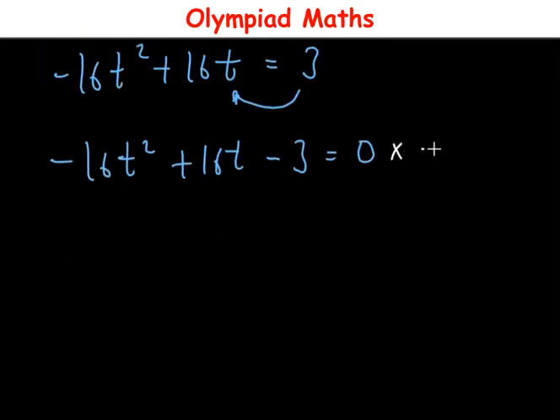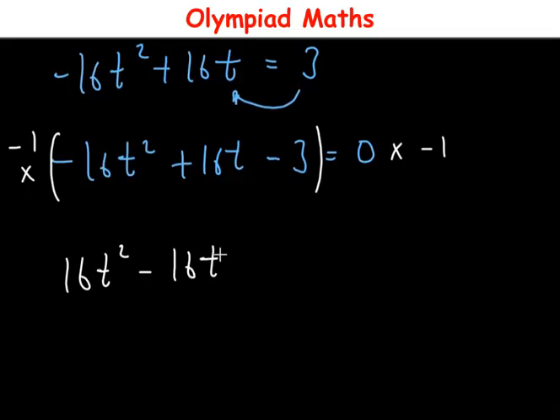So multiply this by minus 1. Minus 1 times minus 16t squared is 16t squared, minus 1 times plus 16t is minus 16t, minus 1 times minus 3 is plus 3, is equal to 0 times minus 1 is 0.